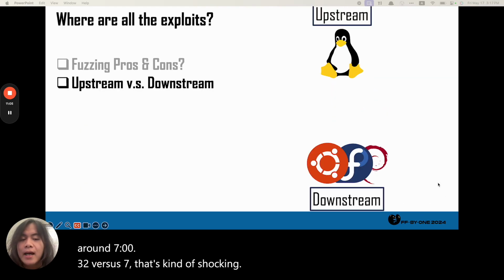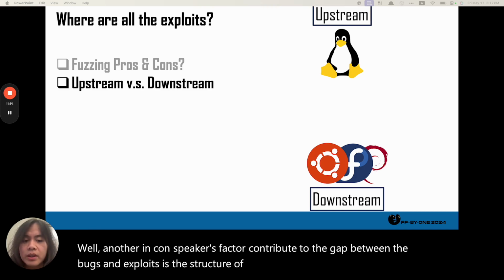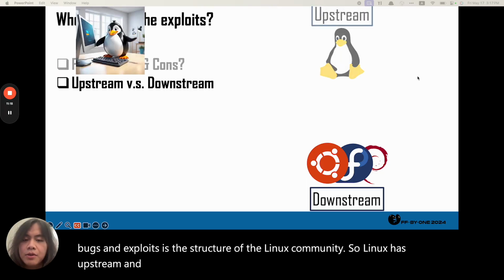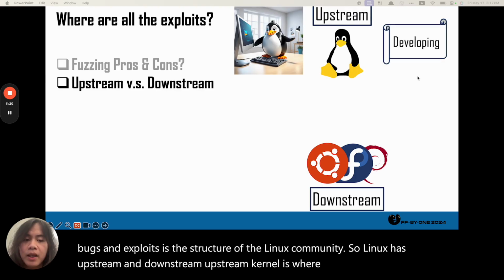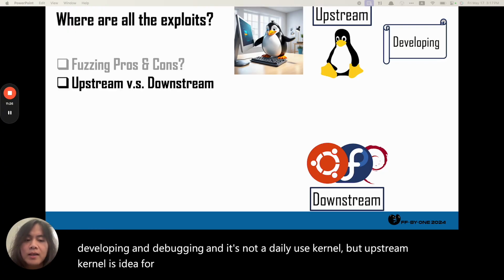Another inconspicuous factor contributing to the gap between bugs and exploits is the structure of the Linux community. Linux has upstream and downstream. The upstream kernel is where people are developing and debugging, and it's not a daily-use kernel. But the upstream kernel is ideal for bug finding, and thus Syzbot deploys its fuzzer only on upstream kernels.